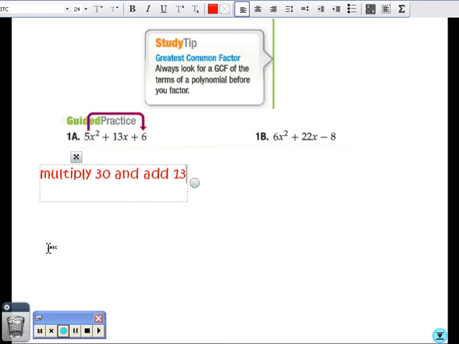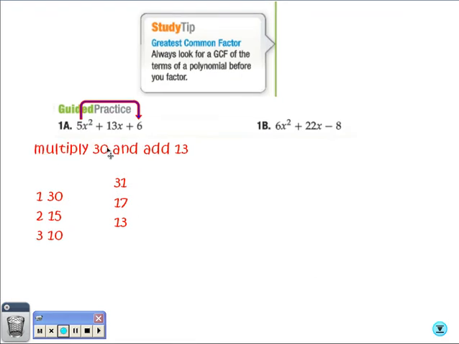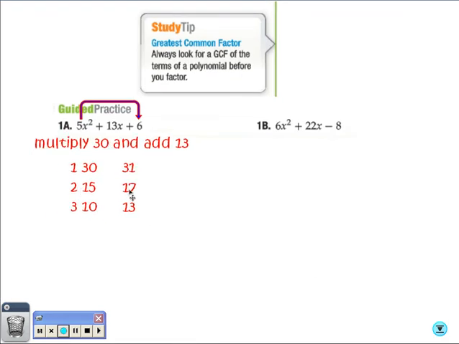So let's start making our list. Factors of 30. So 1 and 30, 2 and 15, 3 and 10. I can stop now. I know that these add up to 31, these add up to 17, these add up to 13. This is the kind of stuff that as you get better at this, you'll probably start doing some of these things in your head.